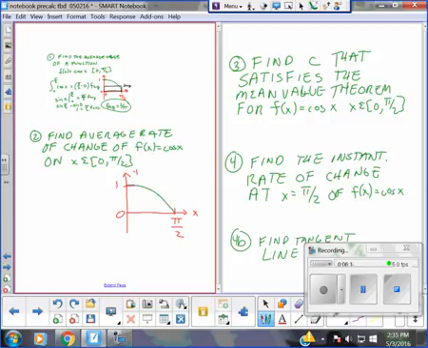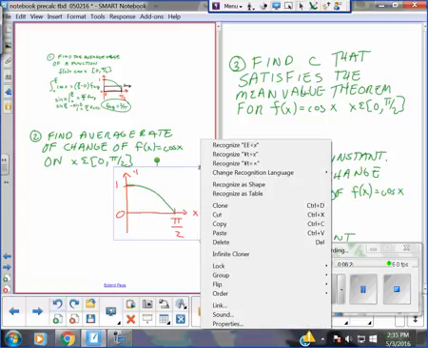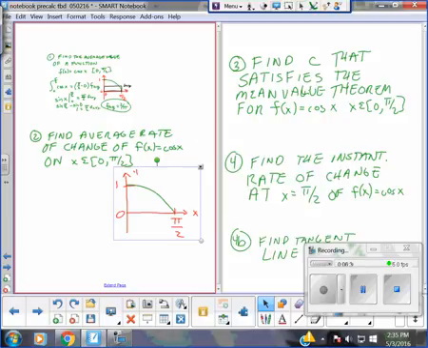The average rate of change is what's happening from the first point to the second point. In this case, guys, our average rate of change is just that. It's just a secant line between these points. So really, it's just as fast as you can write it.